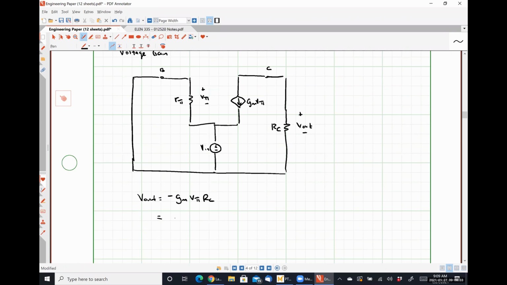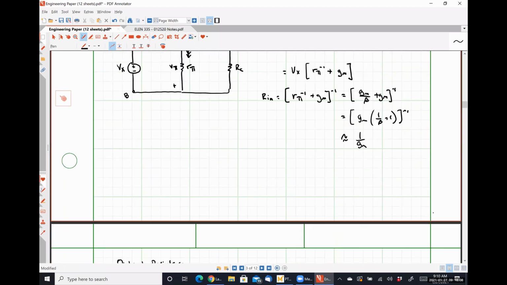So negative GM times negative Vn times RC gives us a voltage gain of AV equal to GM RC. So we have the exact same voltage gain as our common emitter core, but now we no longer have an inverting amplifier, right?